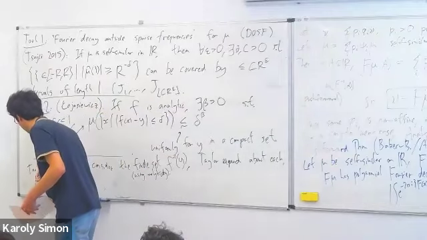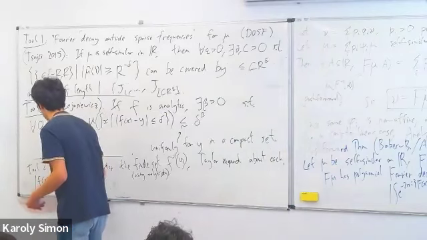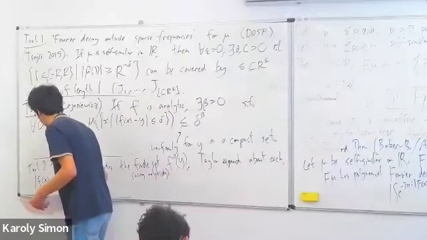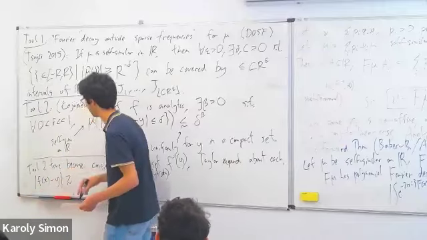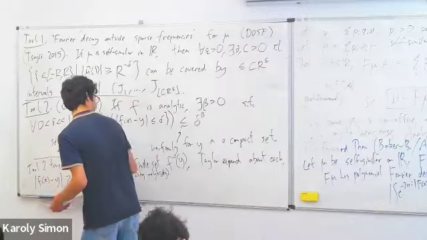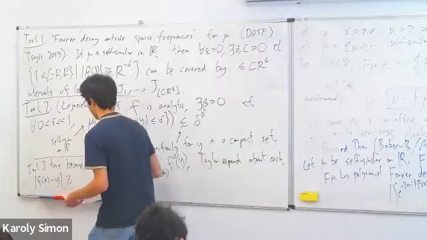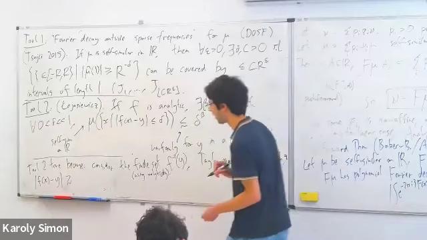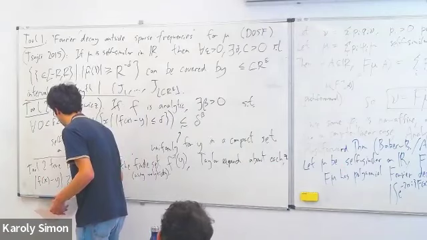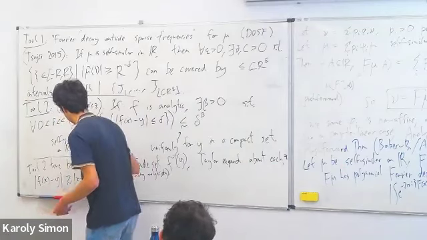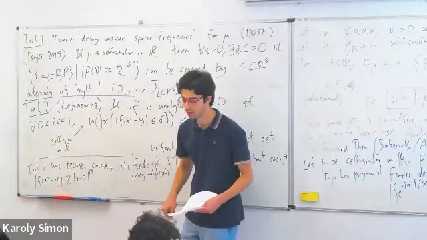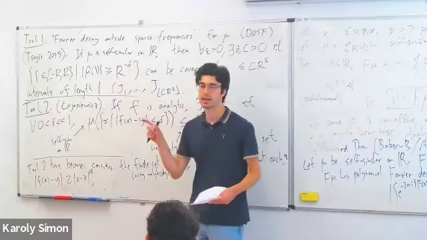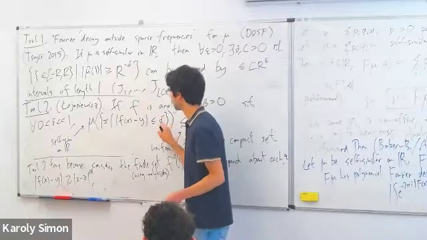So if we look at f of x minus y, this is going to be uniformly bounded below by the distance of x minus z to the power m, where m and b, the constants, are both uniform, and therefore this set is going to be contained inside finitely many intervals, each of whose length is going to be some power of delta.